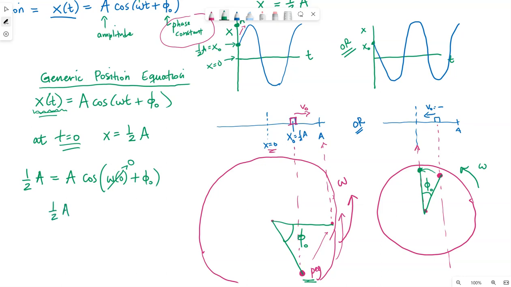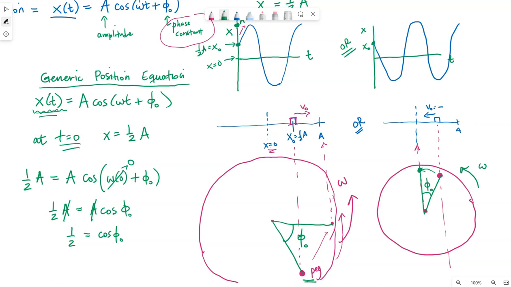I have 1/2 A equal to A cosine phi naught. In this particular case, because this initial position is in terms of A, I can cancel those A's. And so the cosine of that phase angle has to equal 1/2.